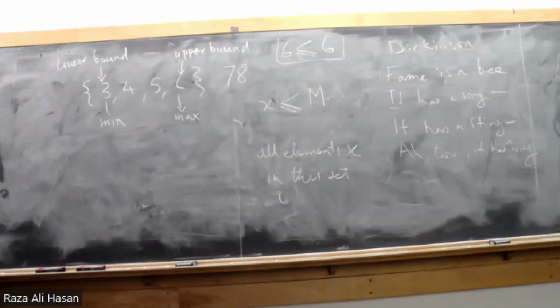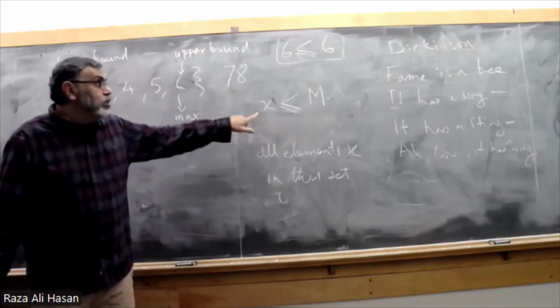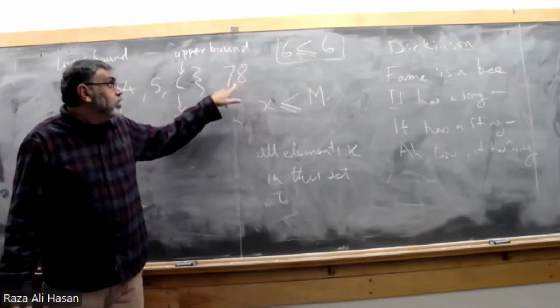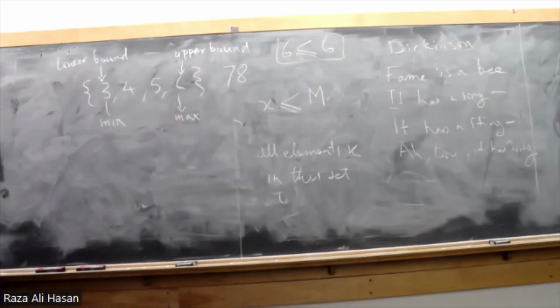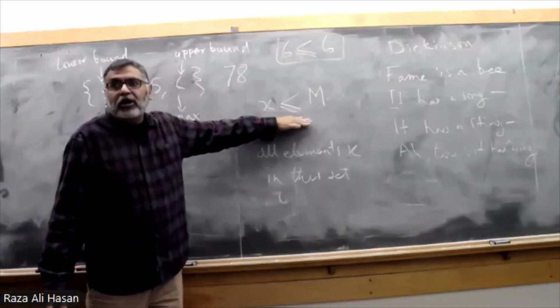And how do we test that? By sticking 78 here and checking with all the elements of the set. Is 78 an upper bound? Yes, because this condition will always be true.